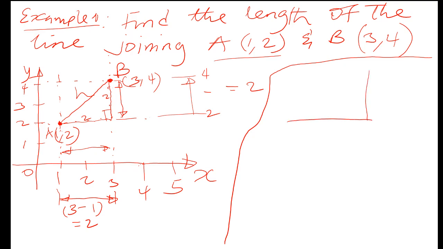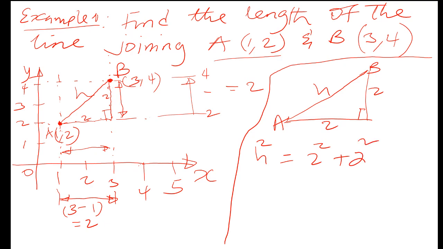Okay, that triangle, I'm just transferring it here. We have A, B, or we can just put H for demonstration purposes. And this side is 2, and the down adjacent is also 2. For us to find H, H squared will be equal to 2 squared, base, plus opposite squared.